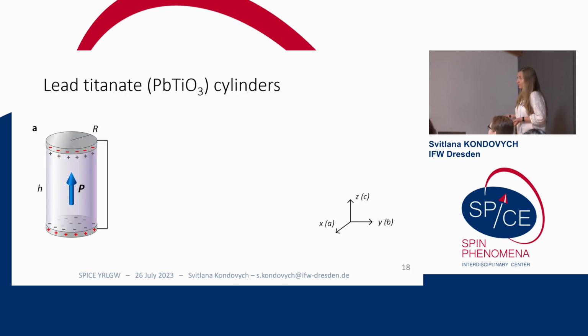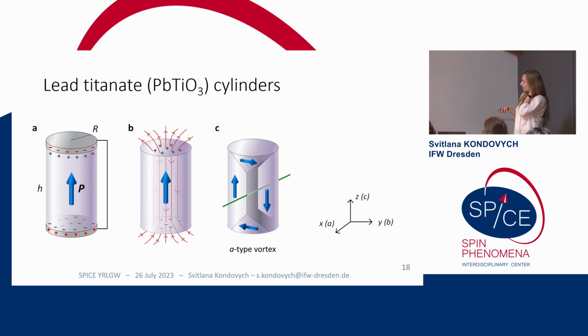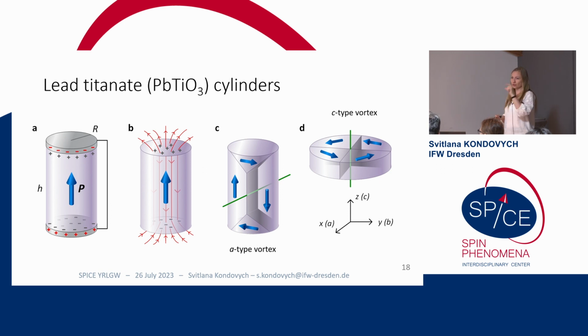And I start with the boring example. Just briefly, first we tried to find textures in cylinders of PTO, lead titanate, and we see that the polarization arranges in some type of vortices. Depending on the geometry, for low cylinders the vortex is in plane, like what we usually call a vortex.